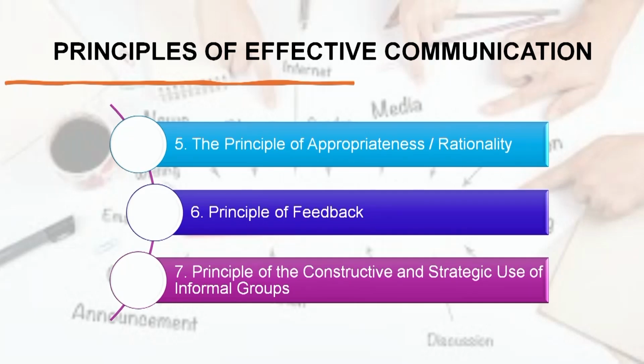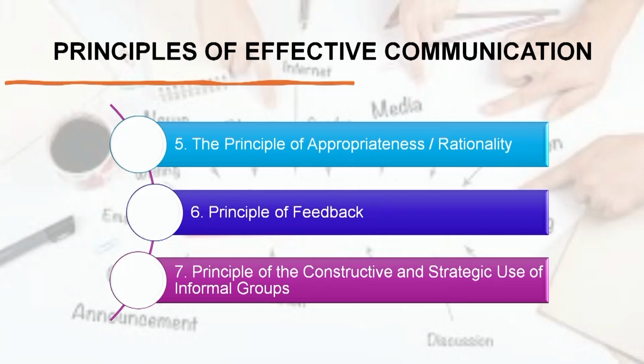Principle of constructive and strategic use of informal groups. This is also very important for effective communication. Many times the groups which are informally made actually make communication speedier. As I was giving the example, grapevine communication in an organization actually makes things move faster many times than the formal communication.